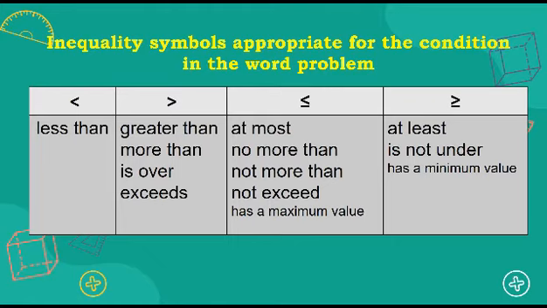For the less than or equal to symbol, we may encounter at most, no more than, not exceed, has a maximum value. And if we encounter the words at least, is not under, has a minimum value, we will use the greater than or equal to symbol.